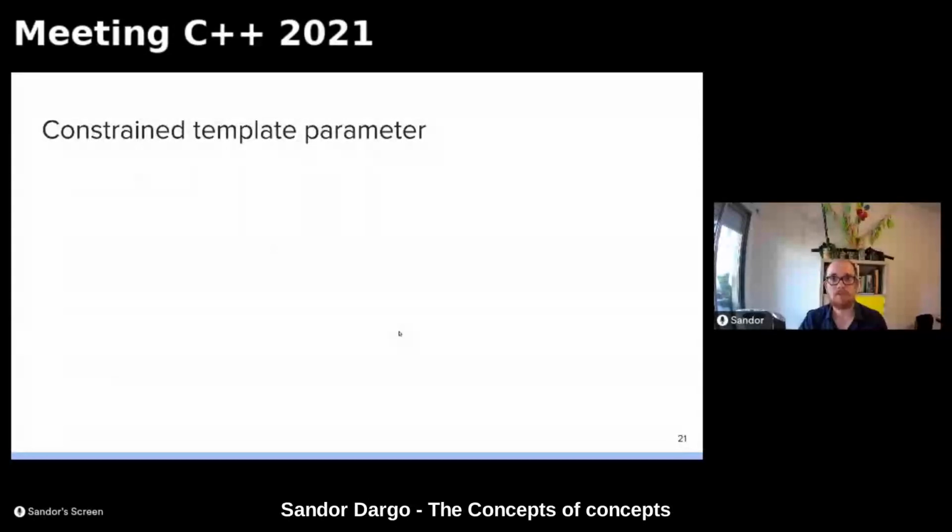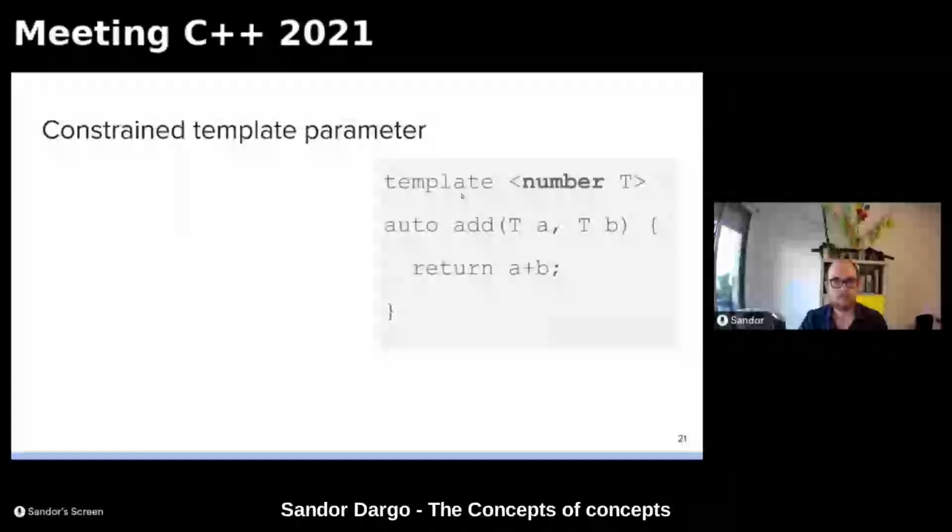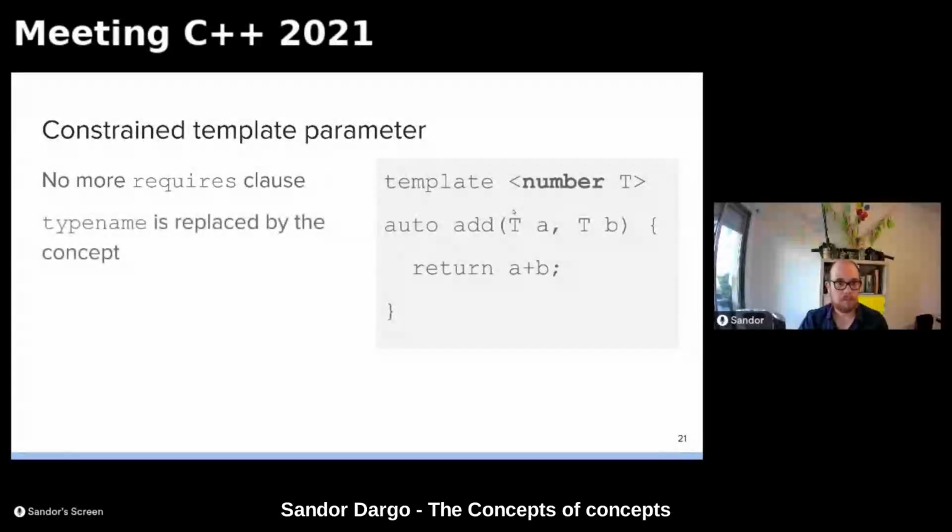But with the constrained template parameter, when you put, instead of the type name, the concept name, it's a bit different. Okay, so you have no more requires clause. That's why we also call it shortened notation, because it's simply shorter, because we just simply replace the type name.